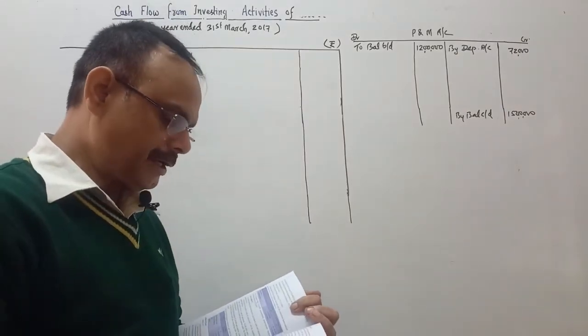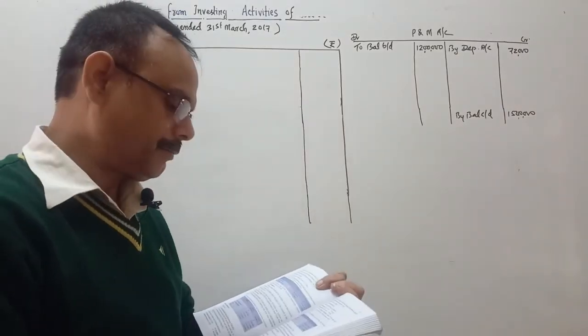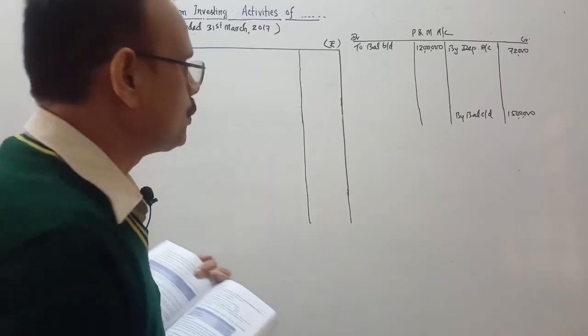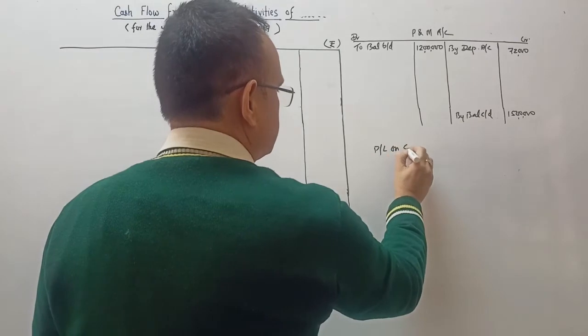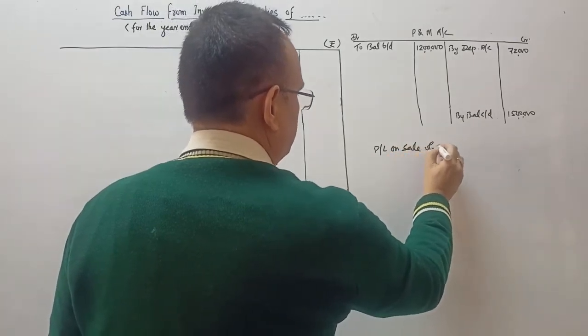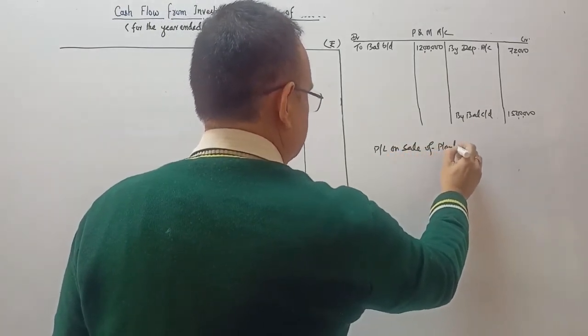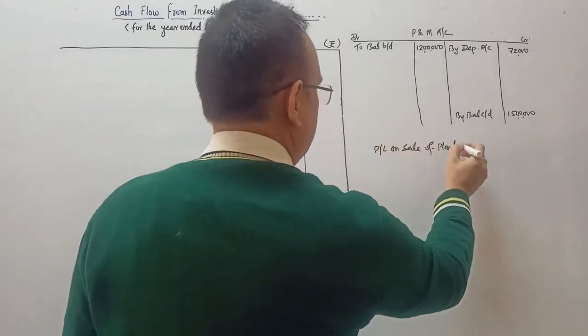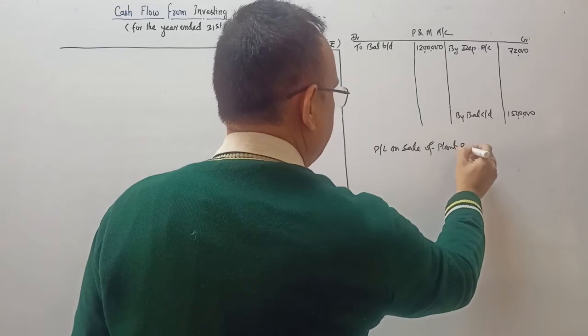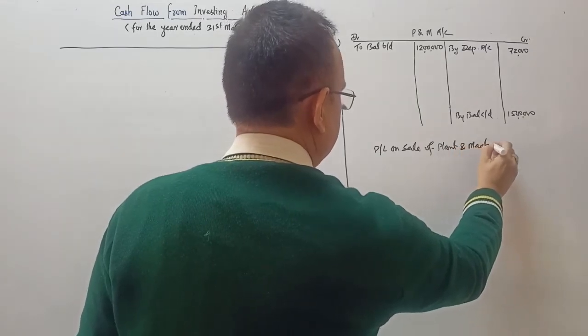Next, plant and machinery with a book value of 1,20,000 was sold for rupees 75,000. So profit or loss on sale of plant and machinery.